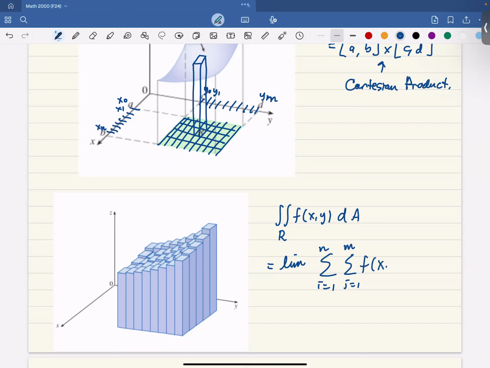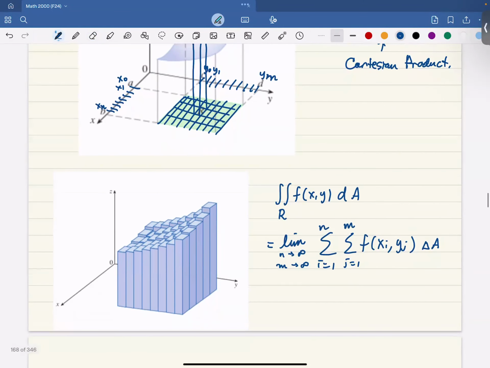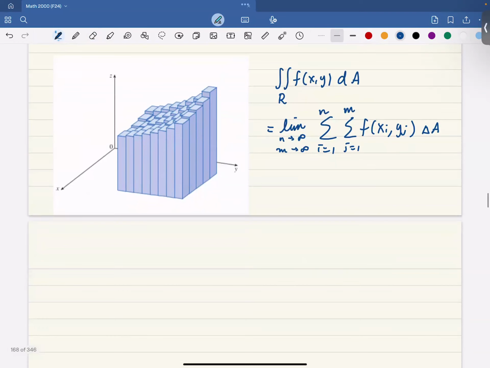And then we'll have f of xi, yj times the area of one of those little subregions, which I'm calling delta A. And so what we'll do is we'll take the limit as n goes to infinity and as m goes to infinity. That was a terrible m. But that's the idea. So we're going to take that limit, that limit of a Riemann sum will turn out to be an integral. And then let's actually go through and compute one or two examples here.